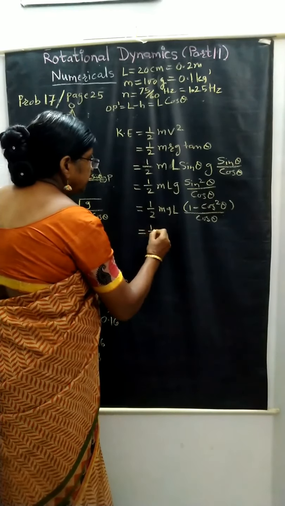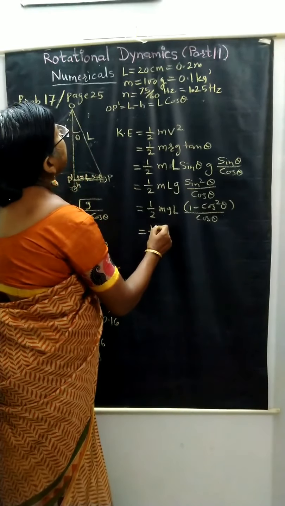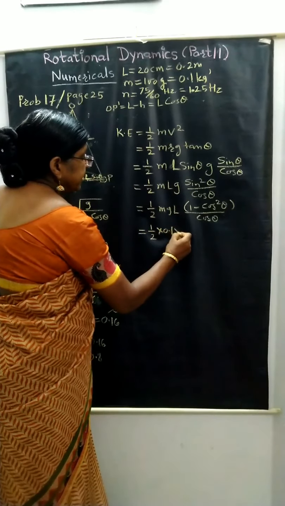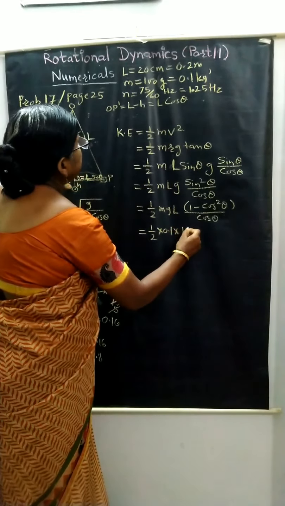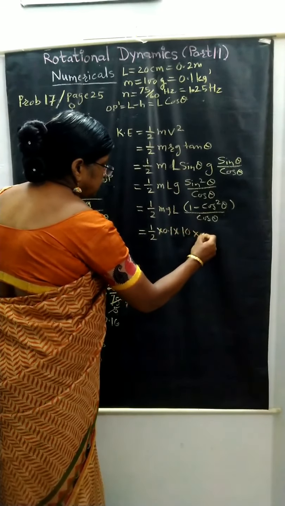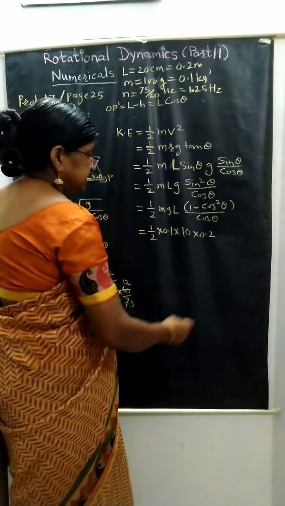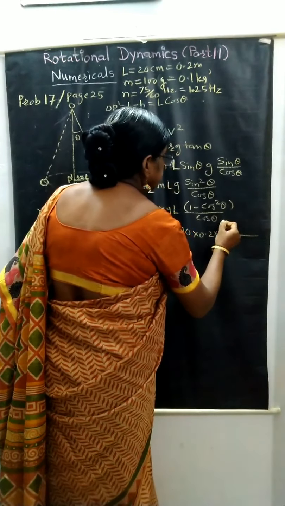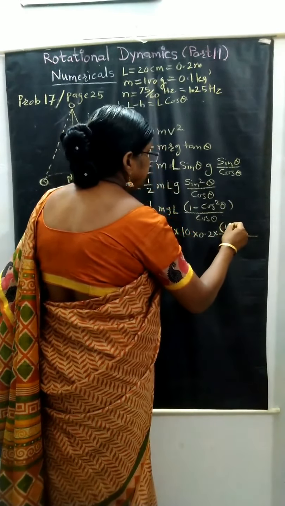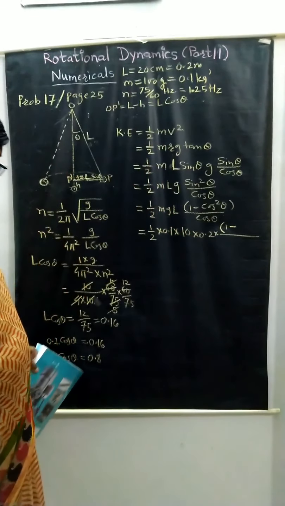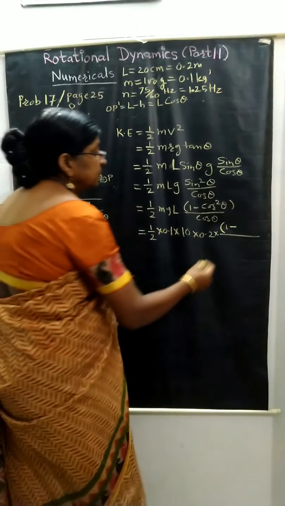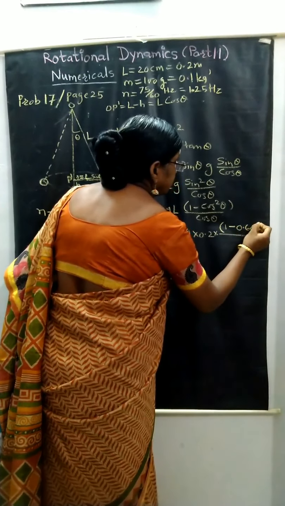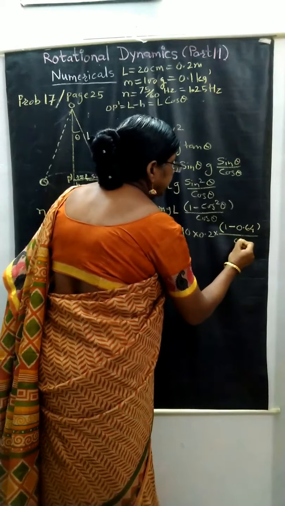Now the things are very simple. We have to substitute the values. Half m is 0.1 kg, g is 10, L is 0.2, and 1 minus cos square theta is 1 minus 0.8 square, means 0.64, divided by 0.8.